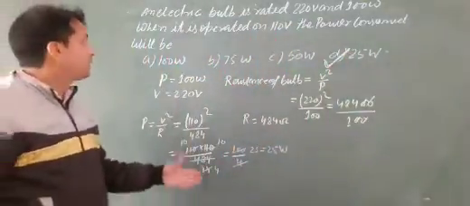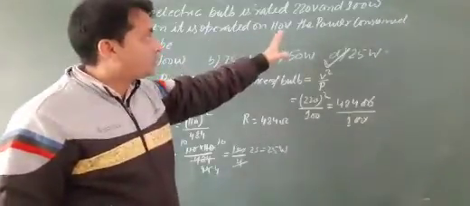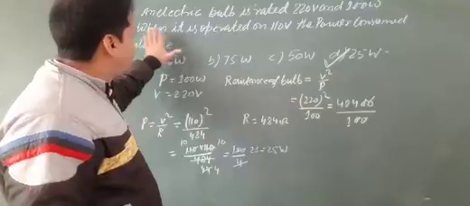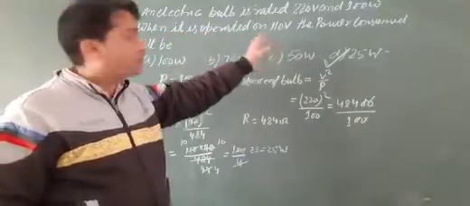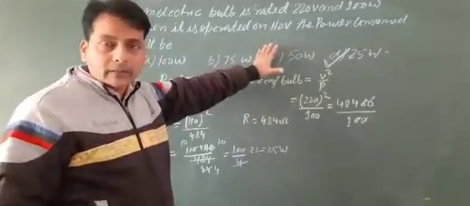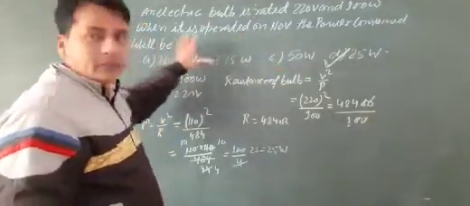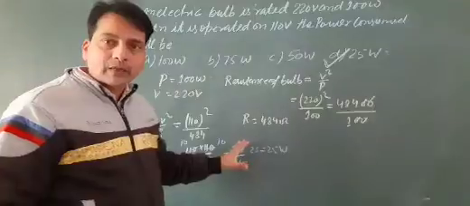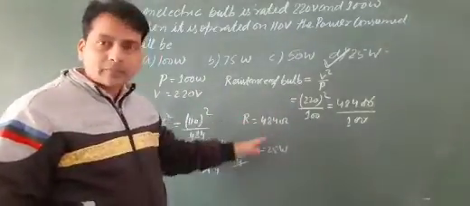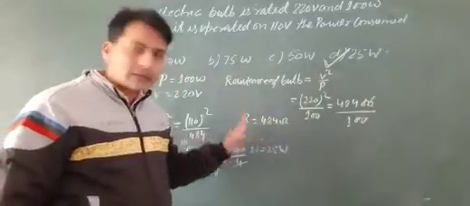So it is clear that the electric bulb is rated 220 volt and the power of the bulb is 100 watt. When it is operated at 110 volt in place of 220 volt, what is the power consumed by the bulb? First we calculate the resistance of the bulb, R equal to 484.